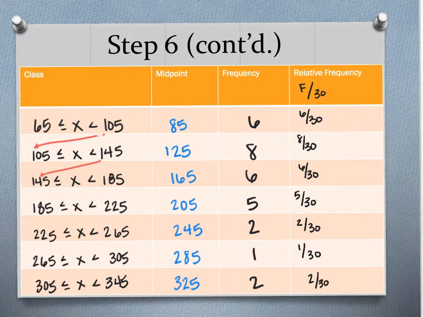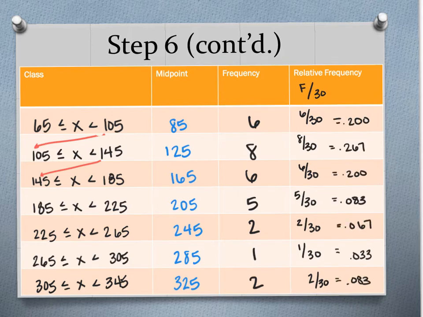We can convert these to decimals or to percentages. Once we convert these, notice what the sum of their total is. When you add them up, you get a value of 1 or 100%. This completes our frequency table and will allow us to graph a histogram.